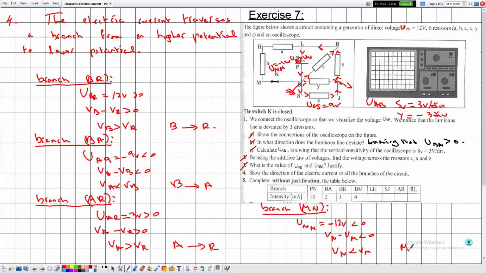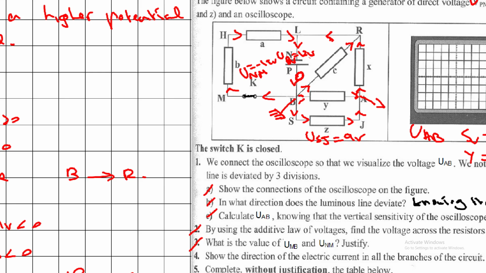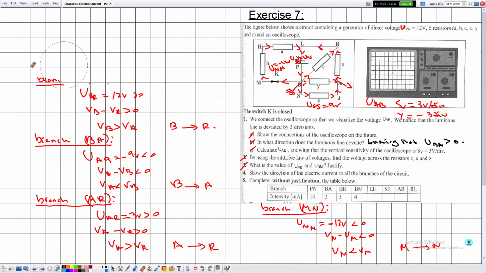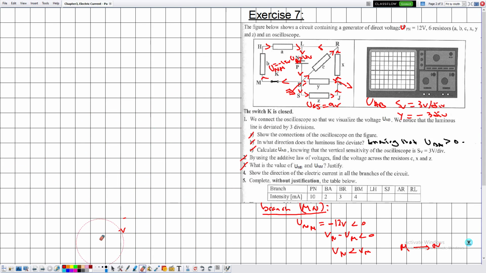So in this case, simply from M to N. So in this case, the current will be traversing like this from M to N. Okay, and this is reasonable because this is the main branch and the current will split at this point in all directions, as if leaving the node. So we are done with part 4. And here let me erase these voltages.